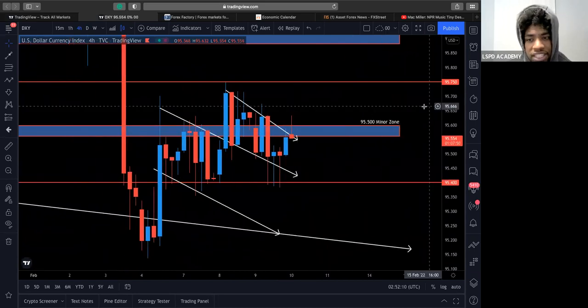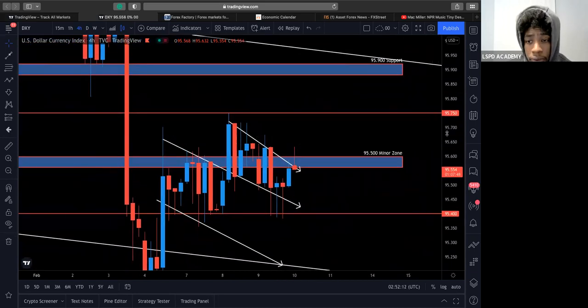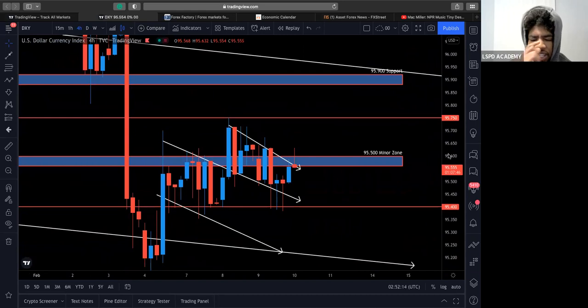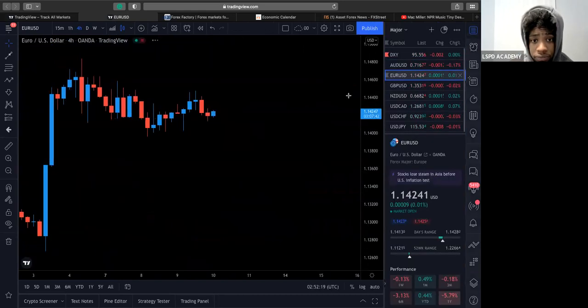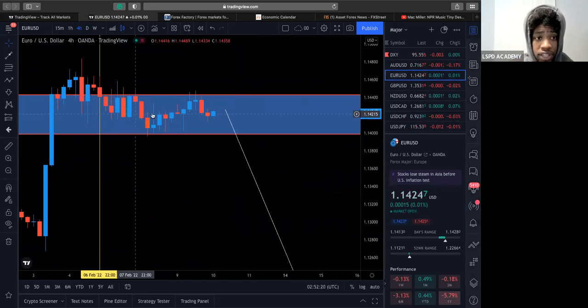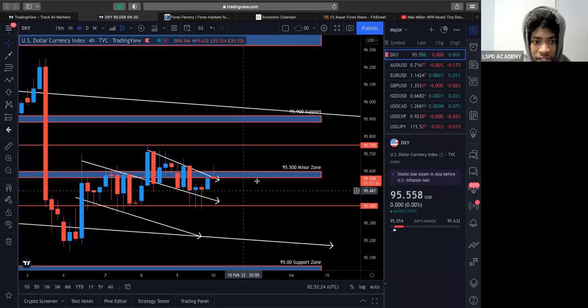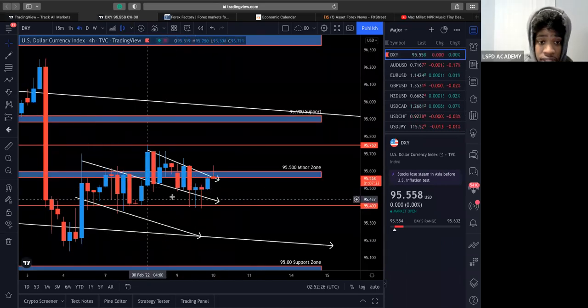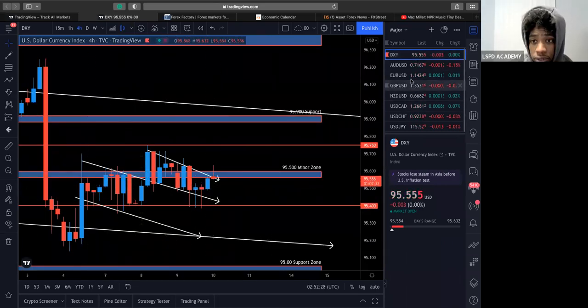Price this week has literally not moved a lot at all in the last week and a half, and that's why you see EU moving like this, not really doing a whole lot. Because when you look at the DXY, it's doing the same thing. It's not really going anywhere.